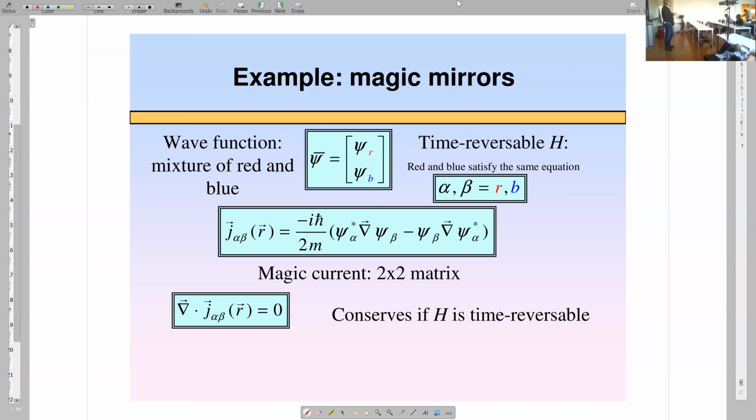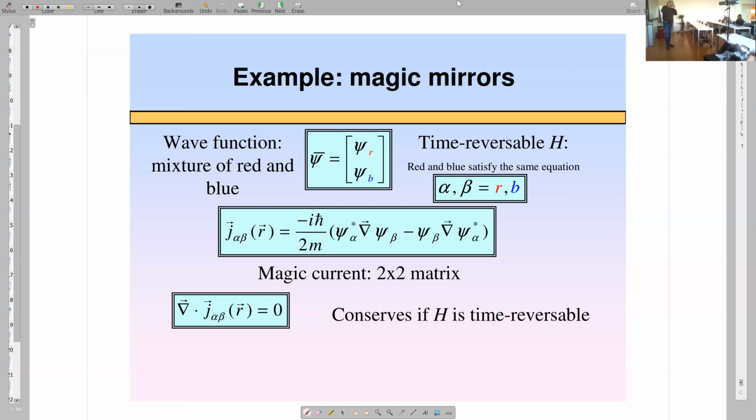That's why in magic mirrors we intrinsically have two components of light. So there's two components, red and blue, so to say, and you can have a wave function which is two components. And from this wave function, you can make a 4 by 4 current.